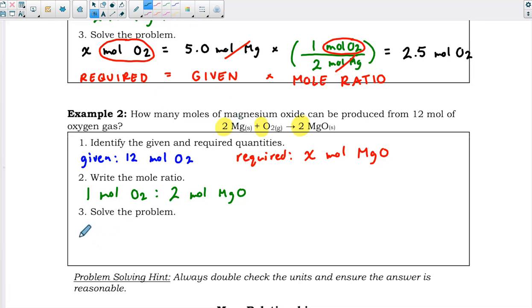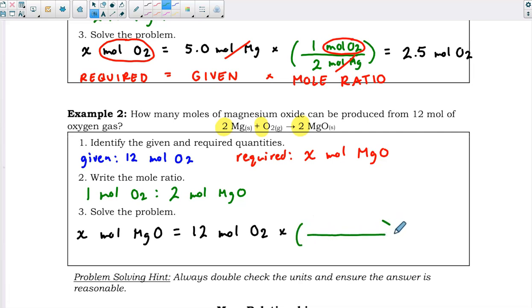So we are looking for the moles of magnesium oxide. We are given the information of 12 moles of O2. So we can multiply this by our molar ratio now. Again, I want to cancel these moles of O2, and I want the moles of MgO.